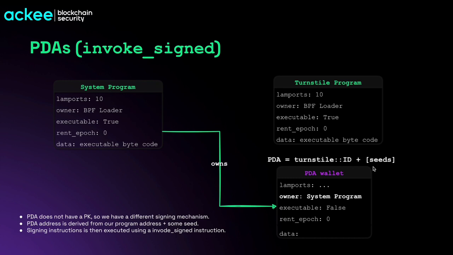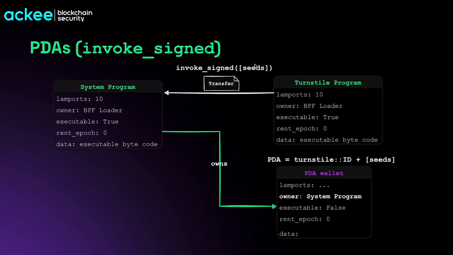So the address will be generated from our program ID and that additional seed that we are adding into the PDA generation. It can be essentially anything we can think of to generate some form of random seed. And the signing of instructions is then executed by using an invoke sign function in our System Program.